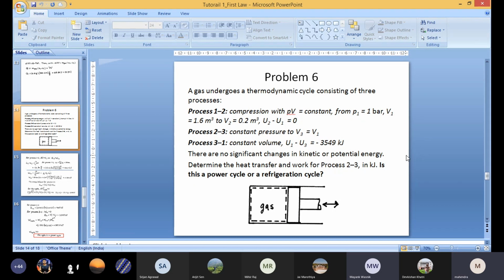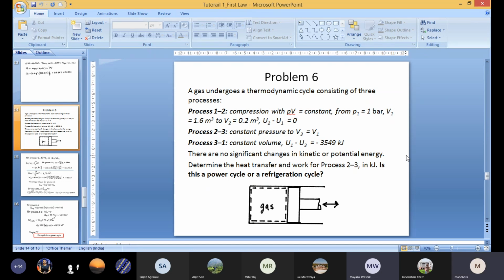In three cases, certain data is given. So this is the closed cycle. Then you need to calculate the net work output. Once you get this net output work value as positive, what does it mean?